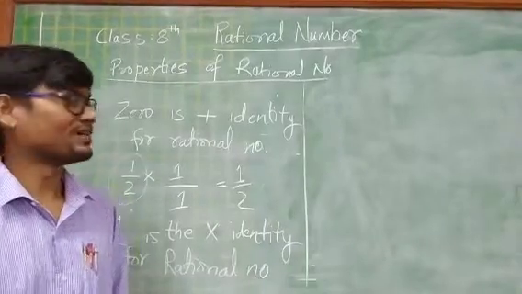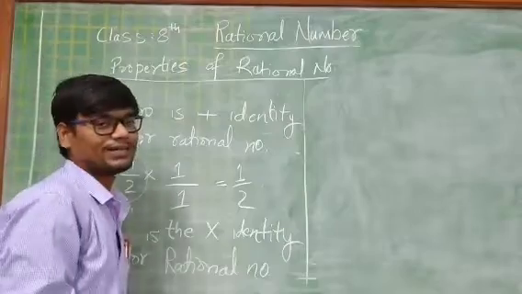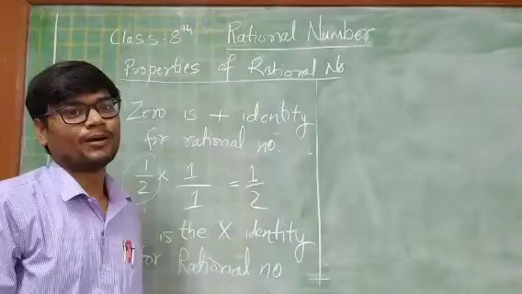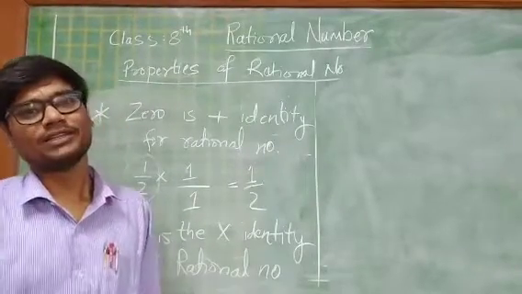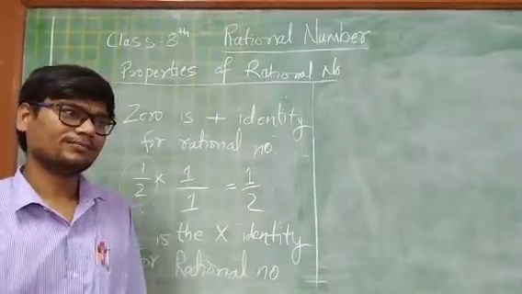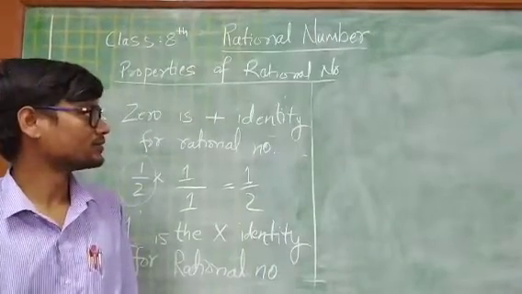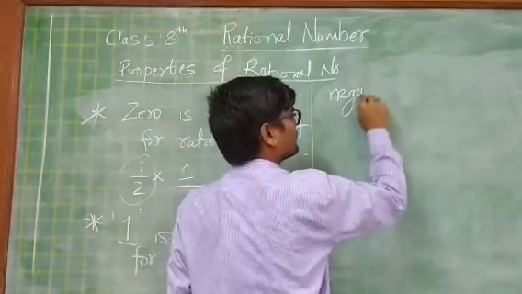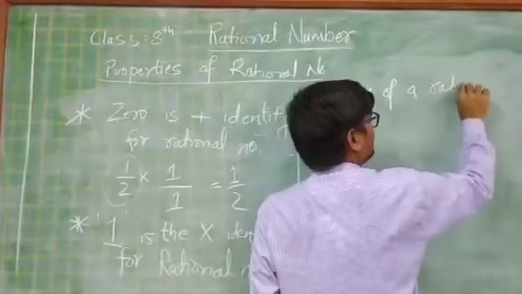Positive rational numbers, we know, are 1 by 2, 2 by 6, 3 by 8. All these are positive rational numbers. And minus 1 by 2, minus 2 by 6 and minus 3 by 8, all these are negative rational numbers. So why is the negative of a rational number important?